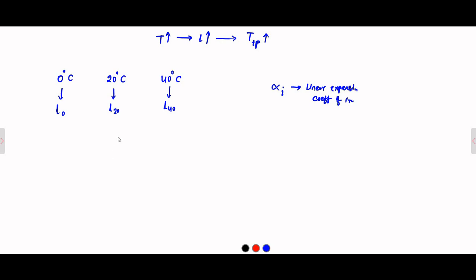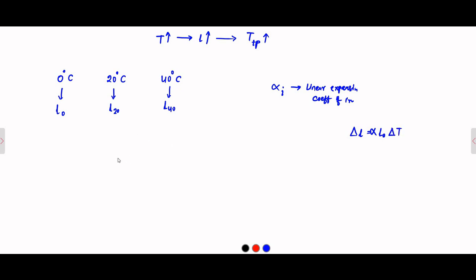As per the concept of linear expansion, the increase in length is equal to the original length times the linear expansion coefficient times the rise in temperature.